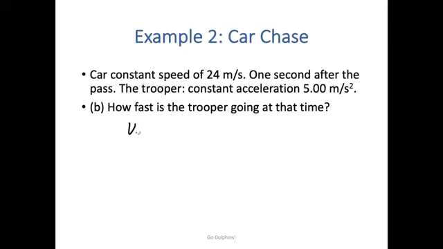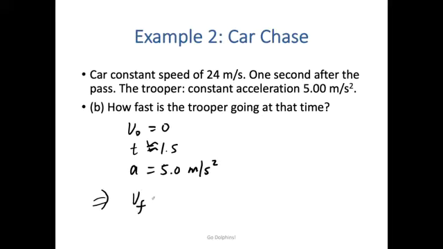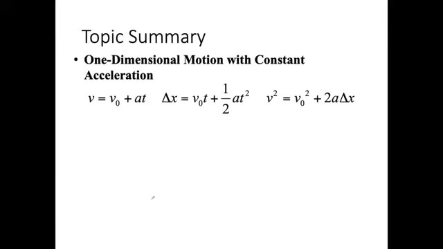So we have the initial velocity of the trooper, which is 0, and then we know the time, which is roughly 1.7, and we know the acceleration is 5 meter per second squared. So we can use the first kinematic equation, right? The first kinematic equation you need to refresh is this one.